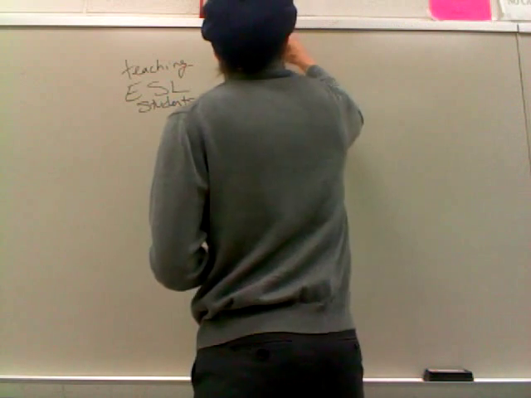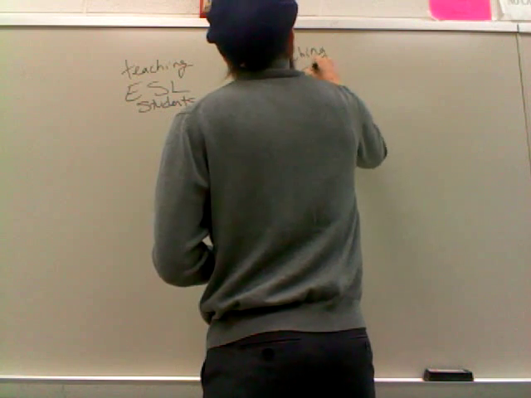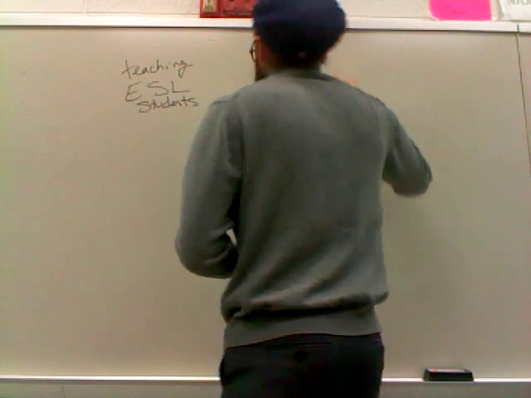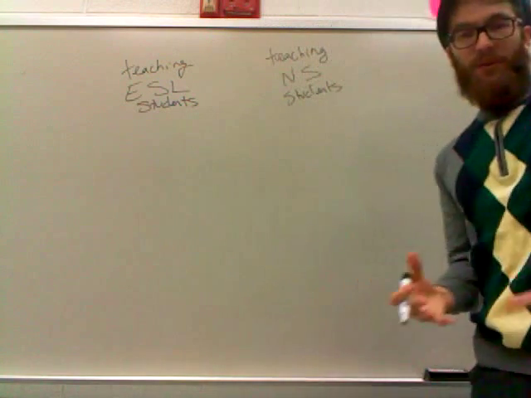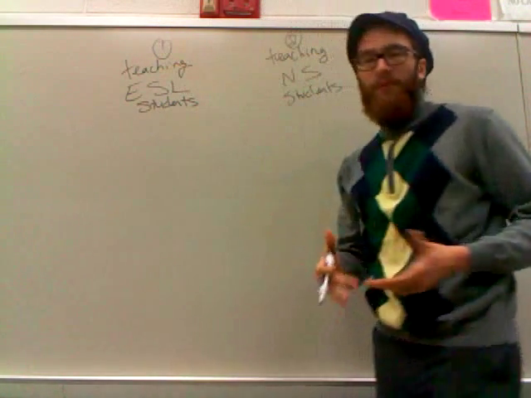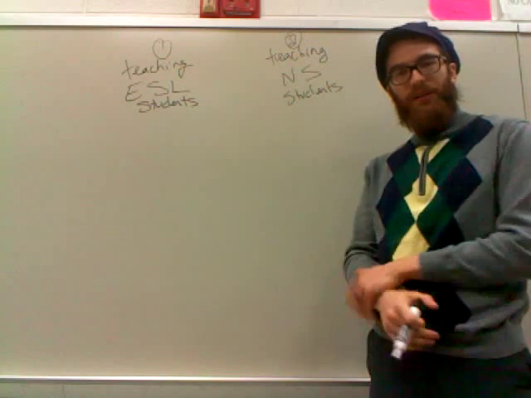So, teaching native speaking students. I have two items, item 1 and item 2. Of course, to perform compare and contrast, you must have two things.